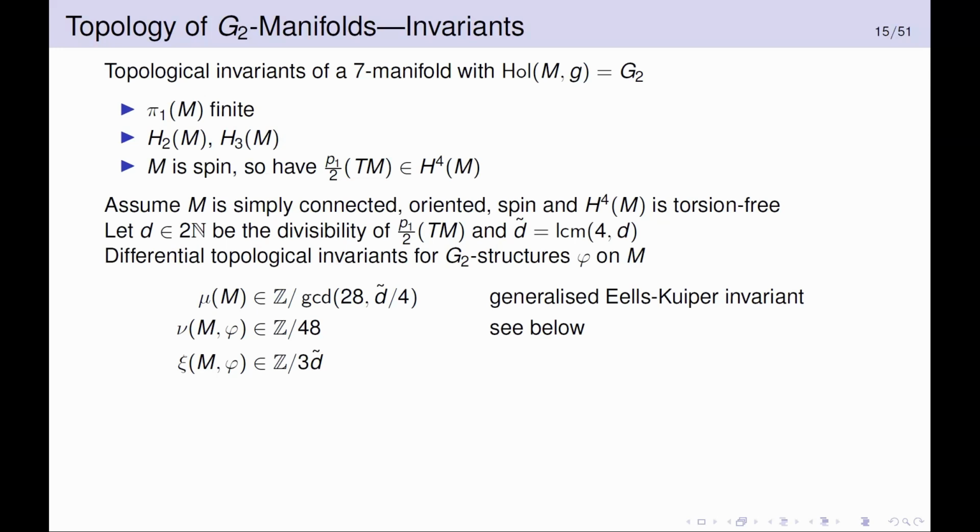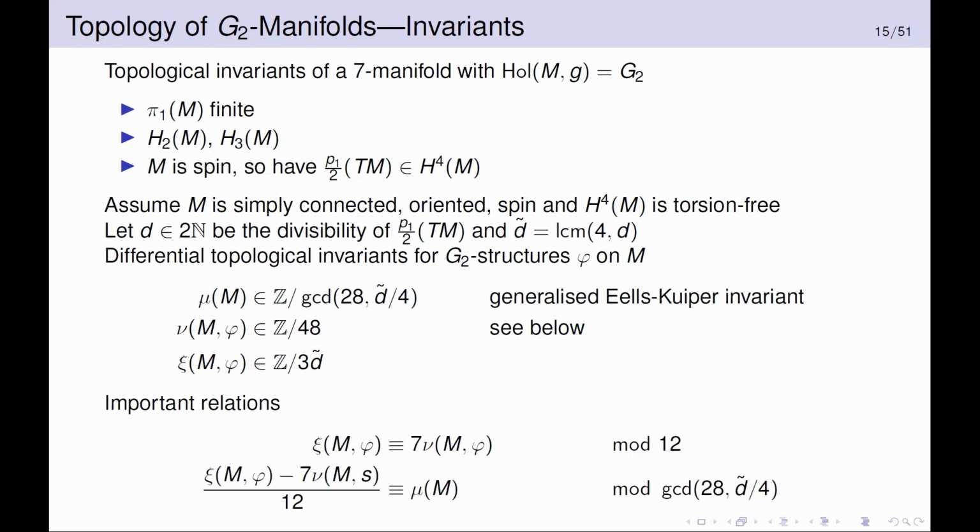And now, if you have a G2 structure on M, you can define three more invariants. The first one doesn't even depend on the G2 structure, that's a version of the Eells-Kuiper invariant with values in Z mod the greatest common divisor of 28 and d twiddle over 4. Then the new invariant, which I'll say a little bit about on the next slides, lives in Z mod 48. And then there's another invariant called psi, which lives in Z mod 3 times d twiddle.